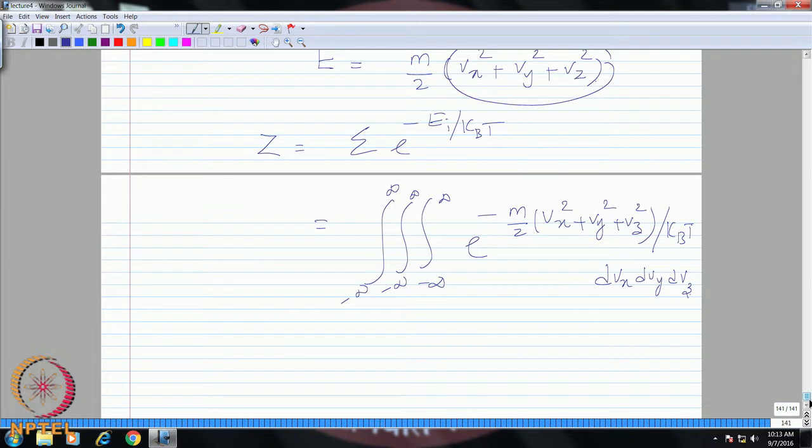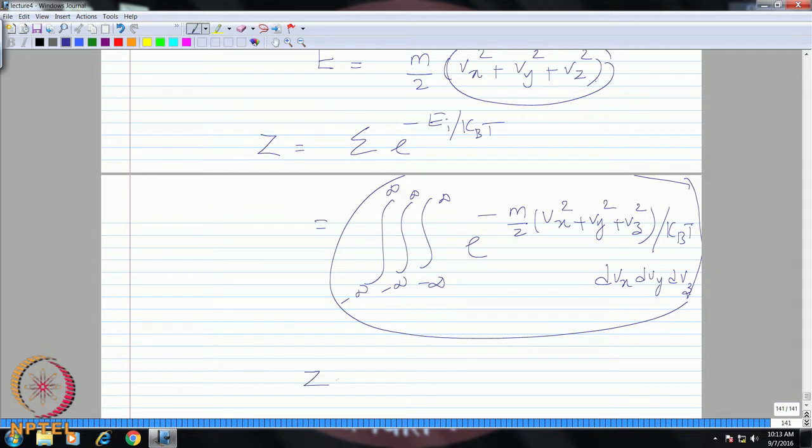So, if you evaluate this, you can actually try this in a symbolic manipulation software like Mathematica, because this you cannot integrate by hand right now. Okay. So, you can perform this triple integral in a package like Mathematica, which will do the integration and give you the answer.